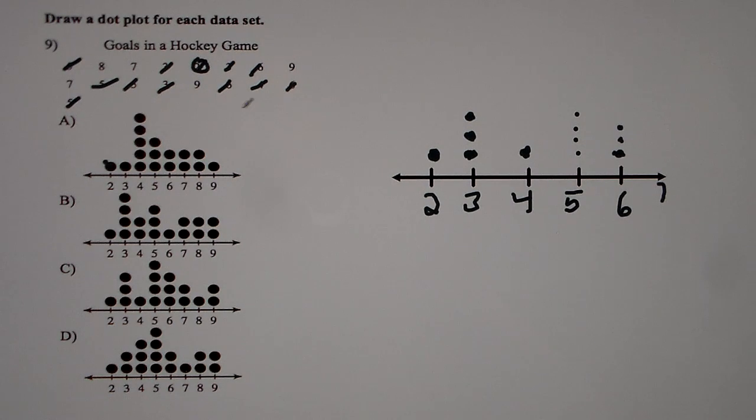For 7s, 1, 2. Then we got to do our 8s, which is just 1. And our 9s, there's 2 of them. So we look at our data. We know there's 3 3s, and then 1 4. So by process elimination, we already know it's C.